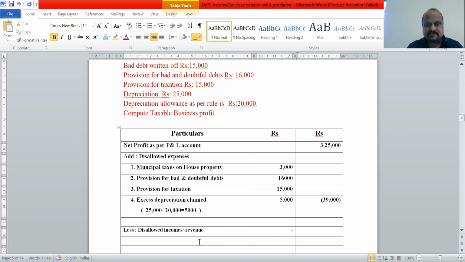So whatever remains now is the taxable business profit.